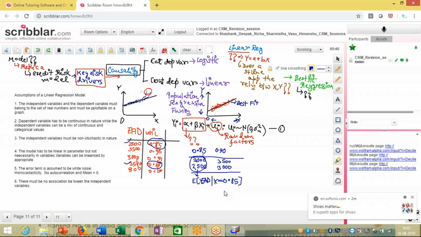So as utilization increases, everything else remaining unchanged, the exposure at default will increase proportionately. So over here what I say is that this expected value of y given x is your alpha plus beta xi.